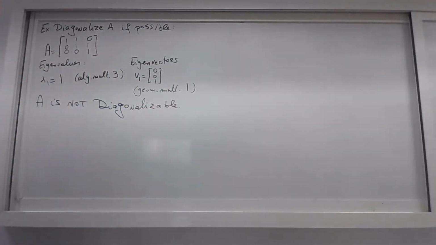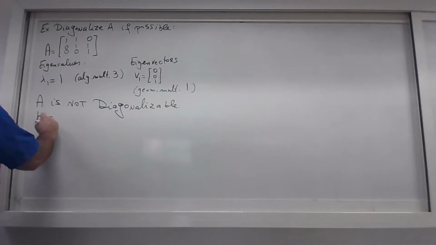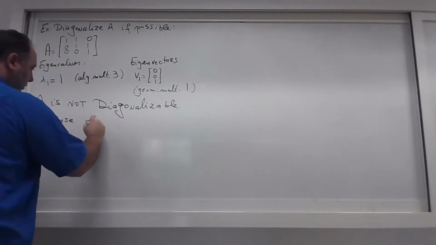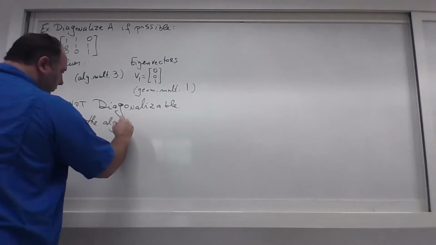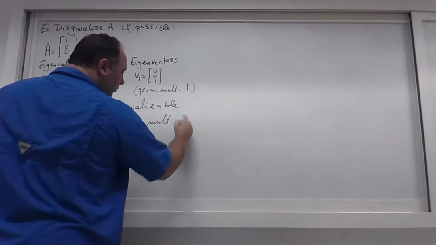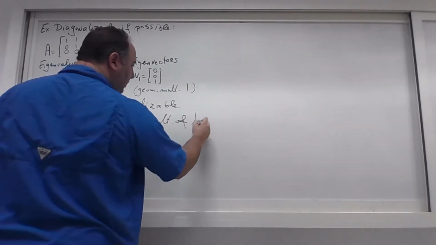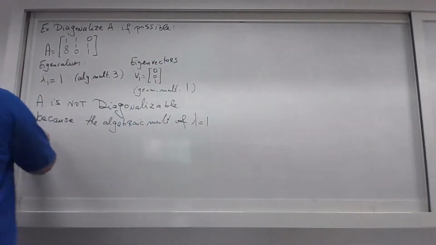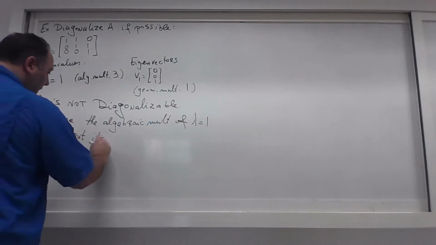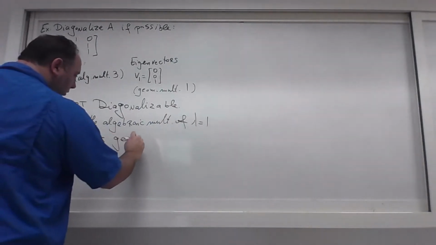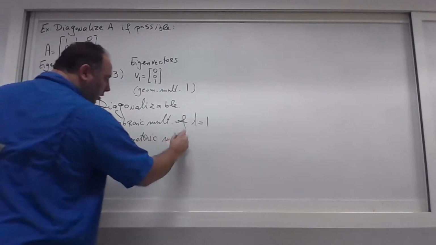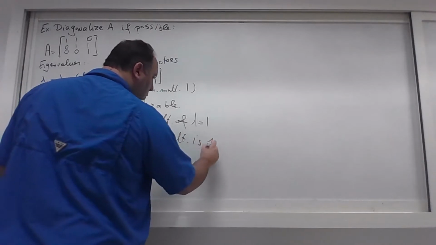Why? Well, because algebraic multiplicity of the eigenvalue 1 is 3, but its geometric multiplicity is 1.